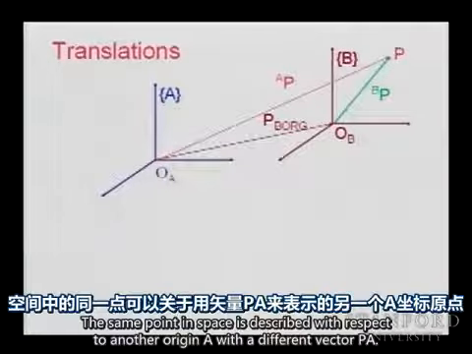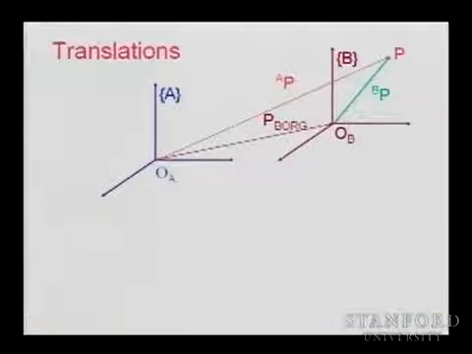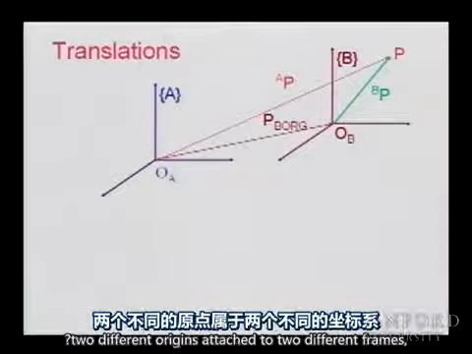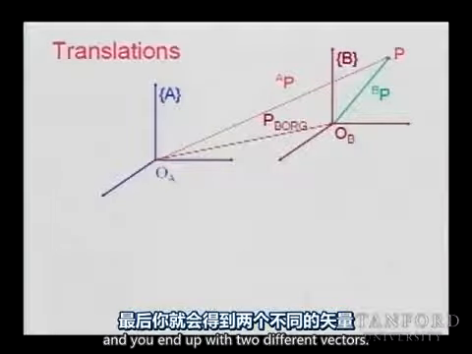The same point in space is described with respect to another origin A with a different vector PA. So it is the same point but described with respect to two different points, two different origins attached to two different frames, and you end up with two different vectors.